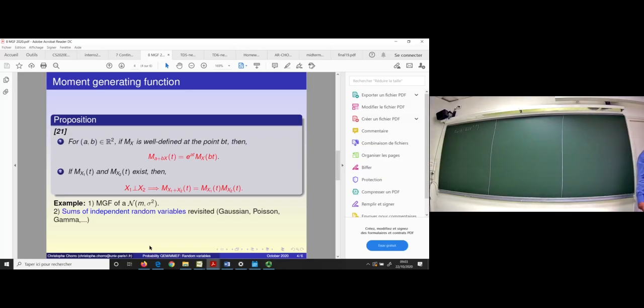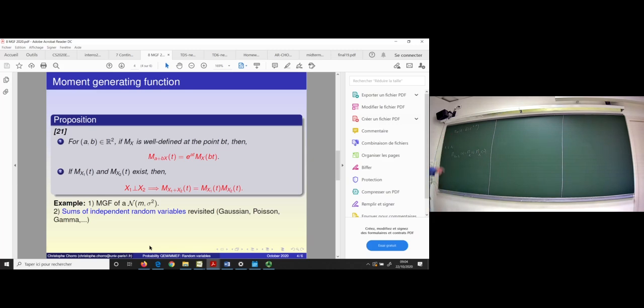And we have seen together that if I have two random variables that are independent, the moment generating function of the sum is just the product at the same point.